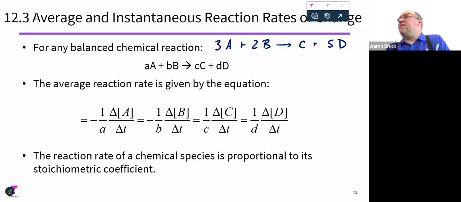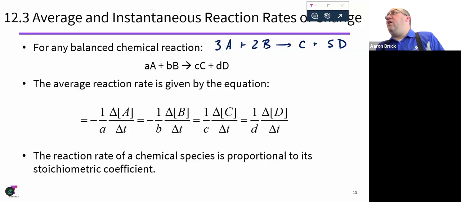Which reactant is going to disappear at a faster rate, A or B? Well, let's look at the stoichiometry.